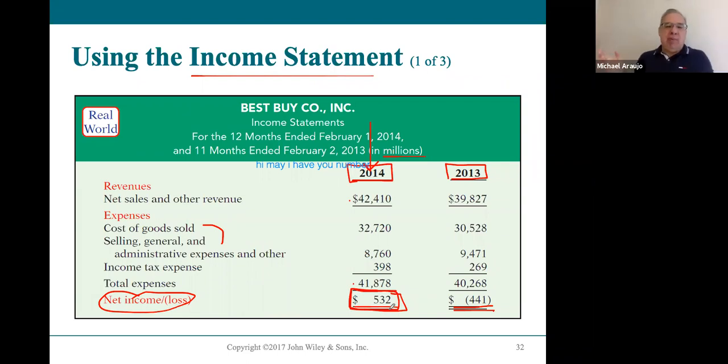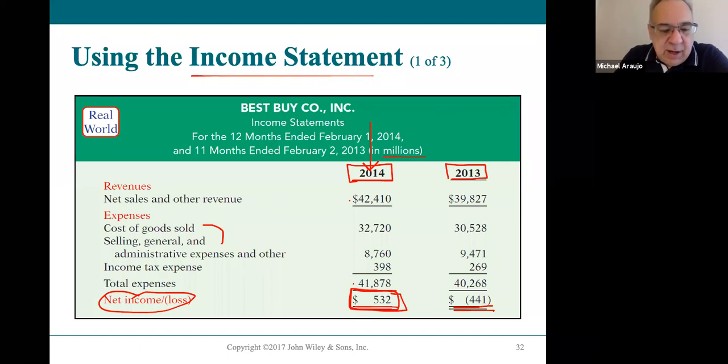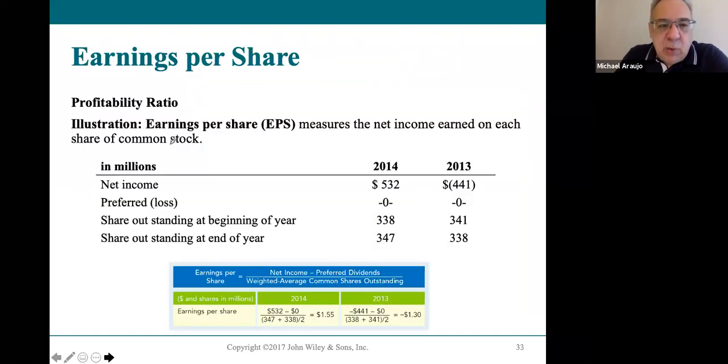Well, how much of that profit? You may only own one share, or you may only own 100 shares. And again, Best Buy has millions and millions of shares. So how do you know how much of that profit is yours, your share? Well, that's earnings per share.